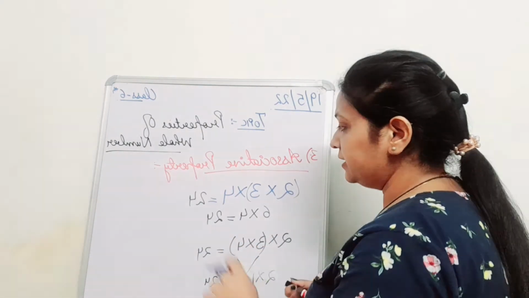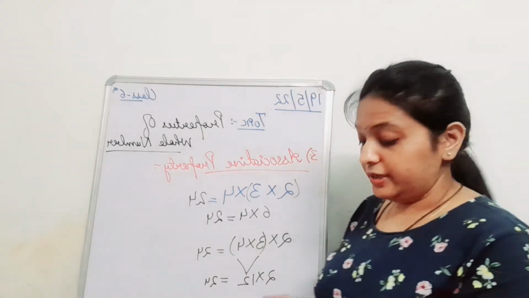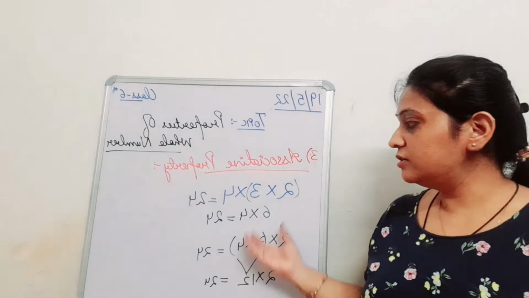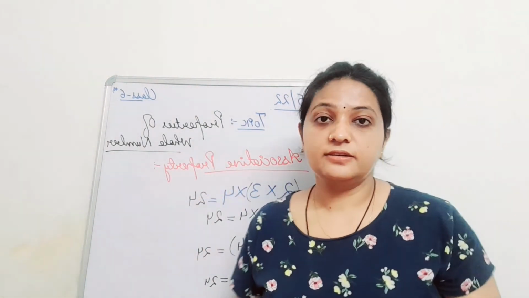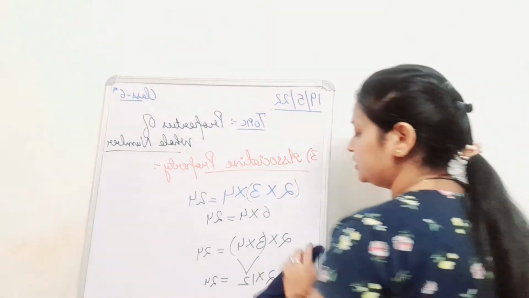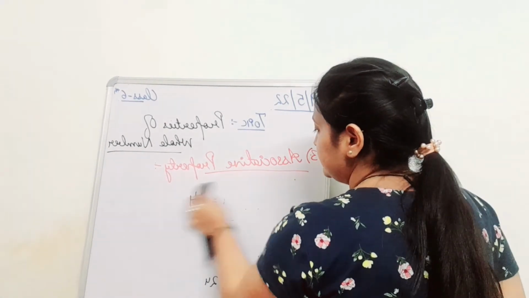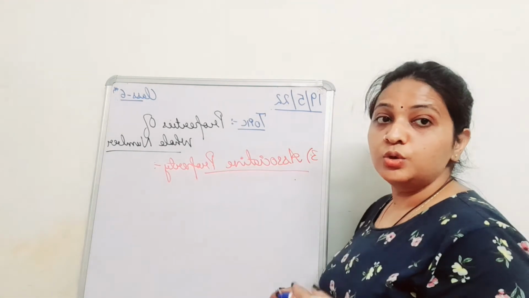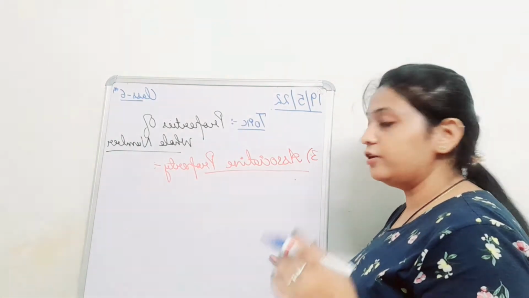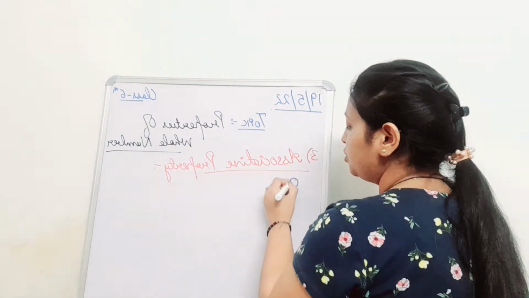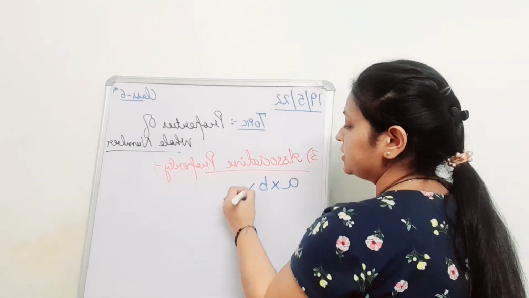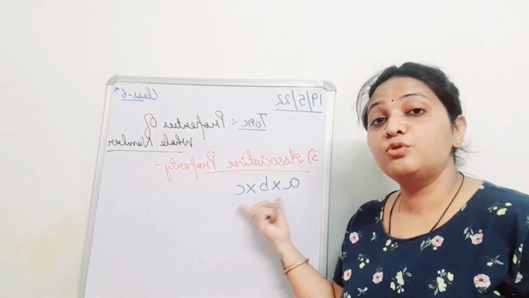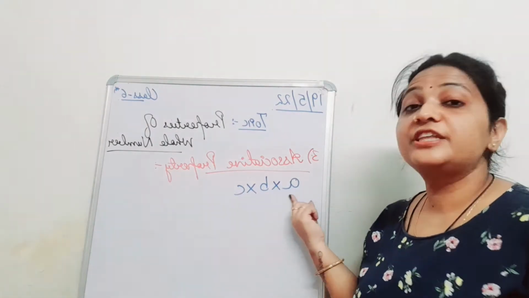So what will we write here in general? Any guesses in what terms we have to write it? I am going to write it in the general form. All of you jot it down in your notebook also. A cross B cross C. The associative property is used where we have 3 numbers.